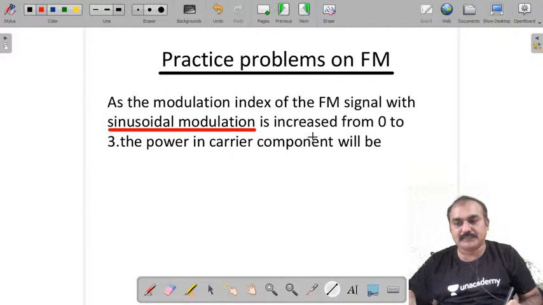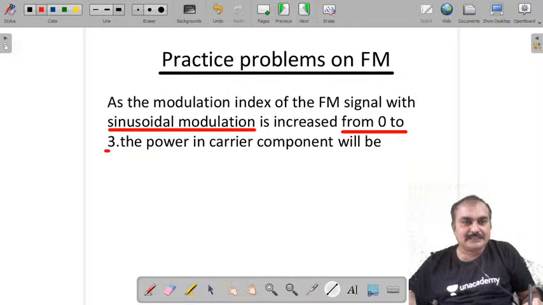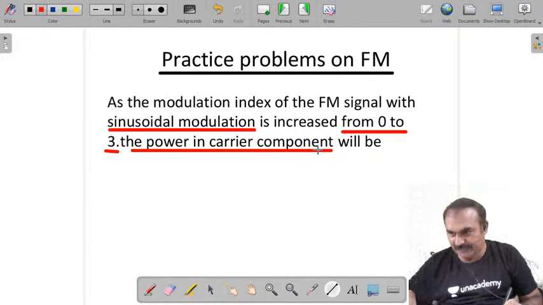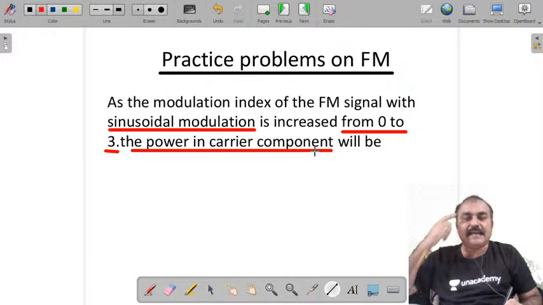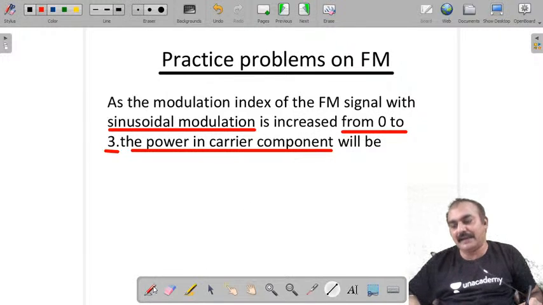Listen, every point is very, very important.